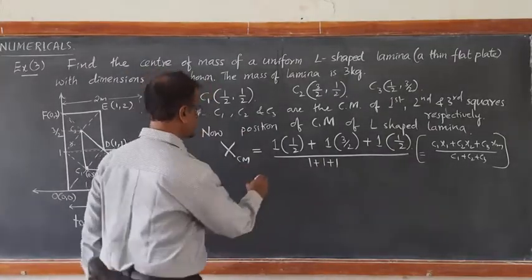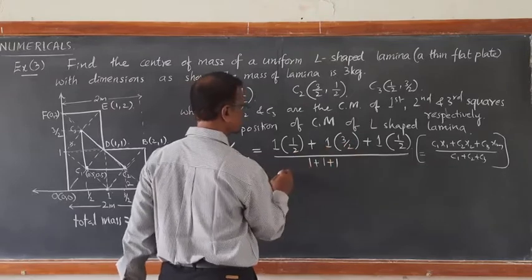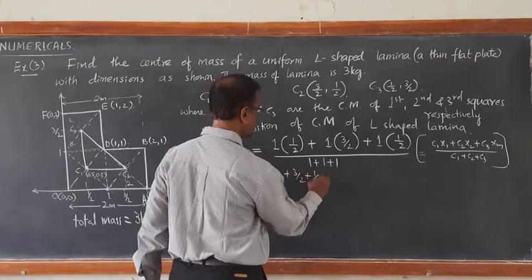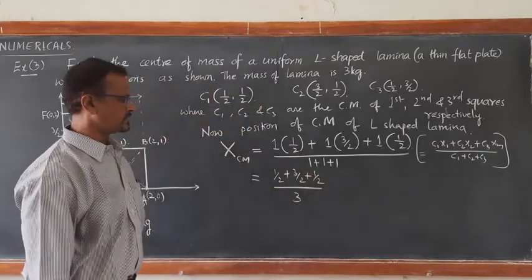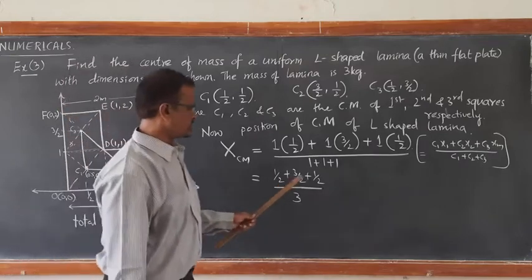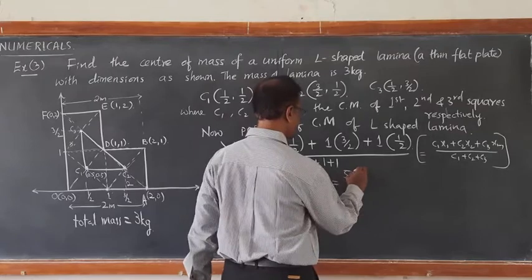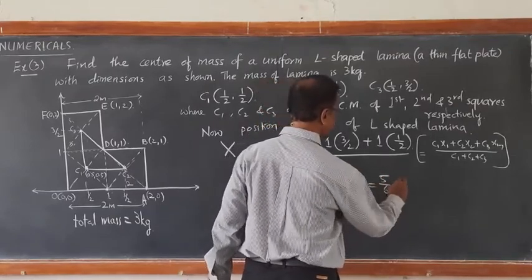Now, if you simplify this, it comes out to be 1 by 2 plus 3 by 2 plus 1 by 2, whole divided by 3. So 3 by 2 plus 1 becomes 5 by 2. So it becomes 5 by 2 divided by 3, so it becomes 5 by 6 meter.